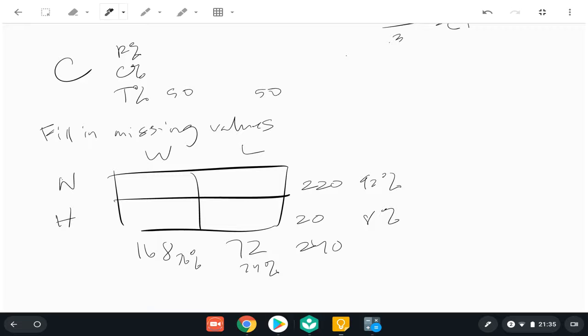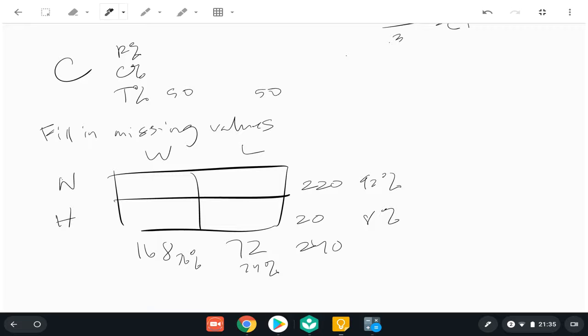Okay, so if we're gonna do our relative frequency, filling all the missing values, I forgot how to do this a little bit. Okay. What am I doing here? Oh, right.